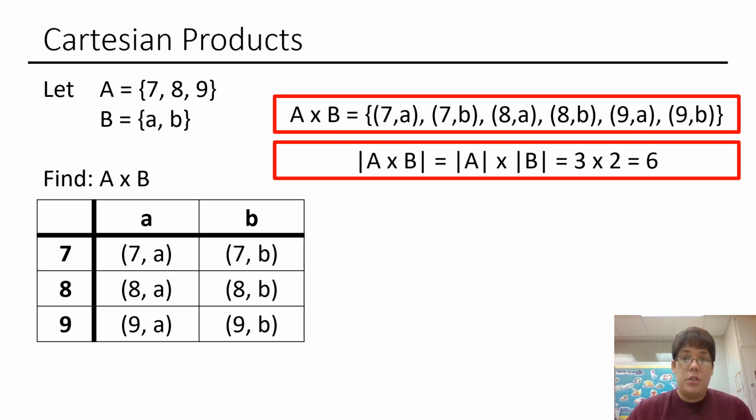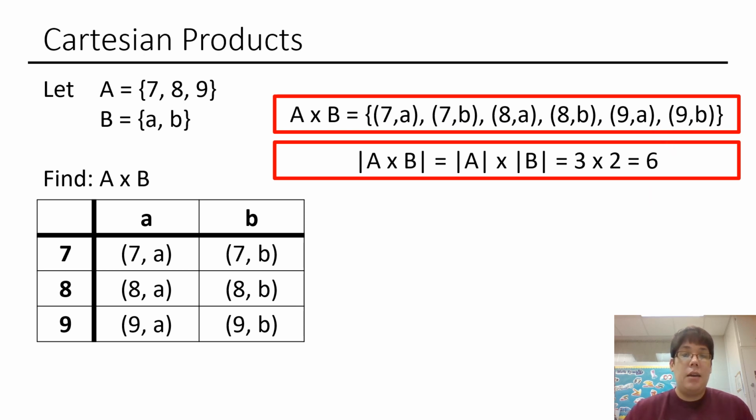So in other words, I have three elements in A, I have two elements in B. So 3 times 2 equals 6. So A crossed with B should have 6 elements. 1, 2, 3, 4, 5, and 6.